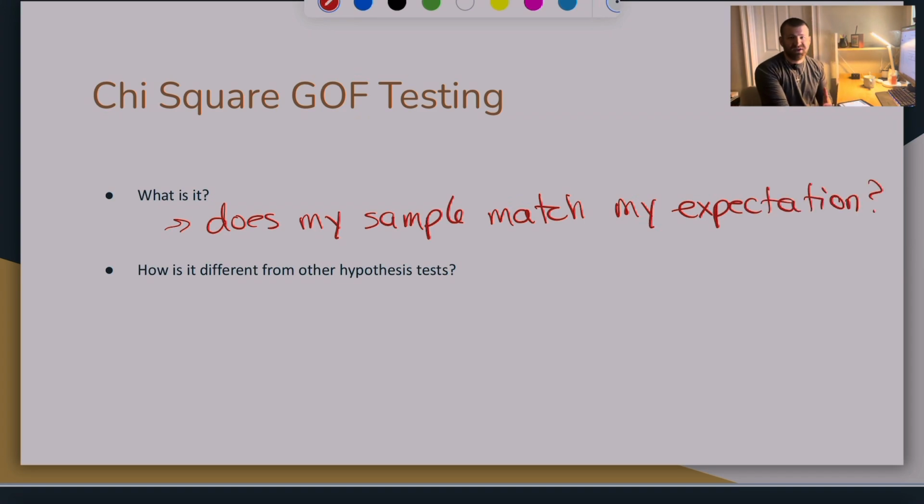So the idea is that we have an expected distribution of a population, and we're going to take one representative sample to determine whether or not we have evidence that it does not match the expected distribution. So that's going to be one thing that's very important. Your null hypothesis here is always that it does match, and your alternative is always that it does not match. We just have to put that in context of the actual problem.